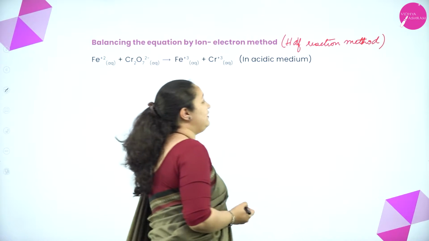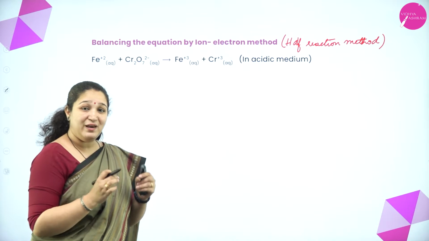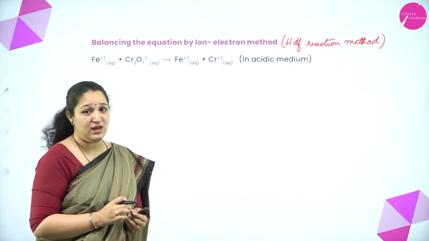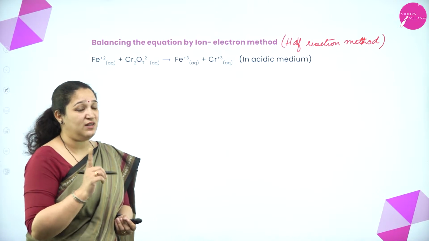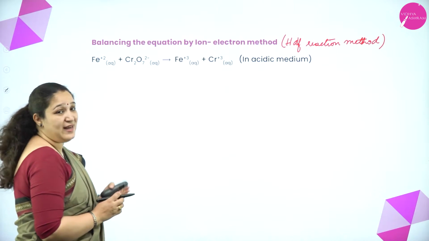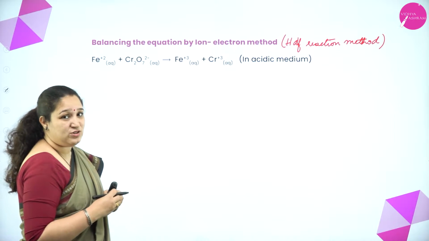Okay. I have taken an example, again in acidic medium. The same equation I balanced using the oxidation number method in the previous class, so I hope you remember that.